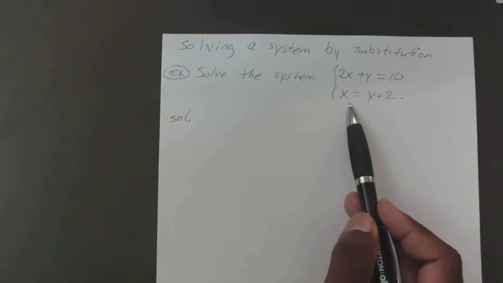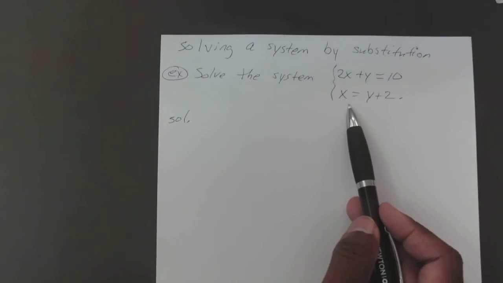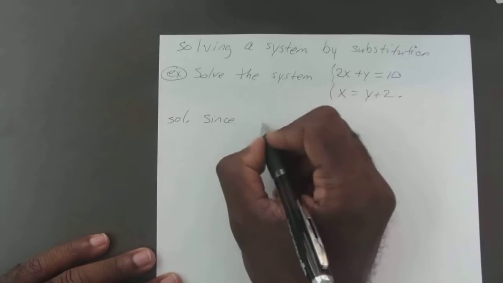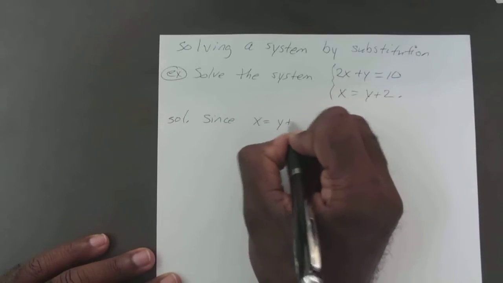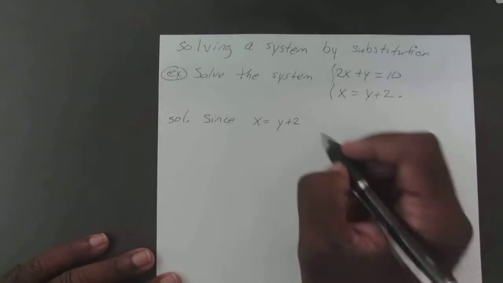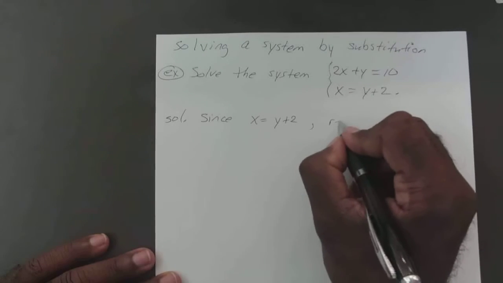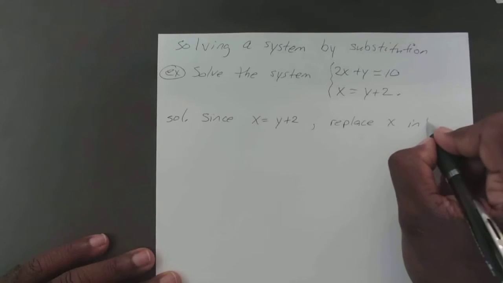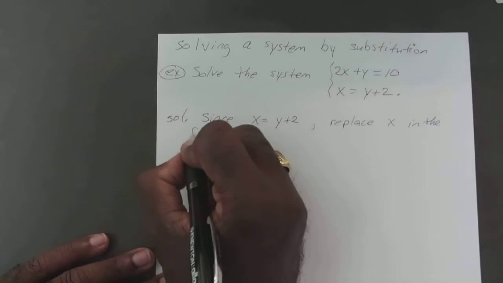Now we see we have an isolated variable in the second one. We have an x all by itself. Since we know that x is equal to y plus 2, we just replace x in the first equation.